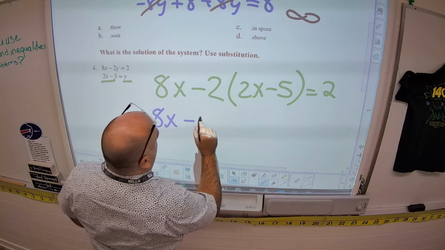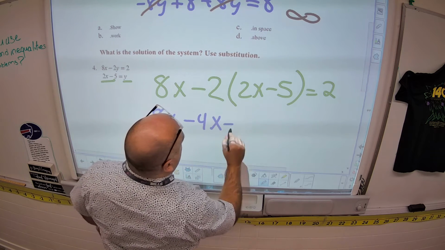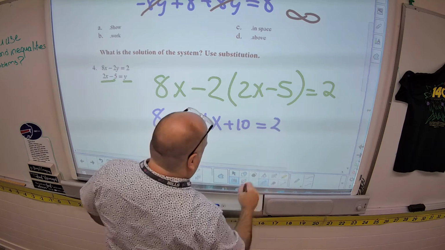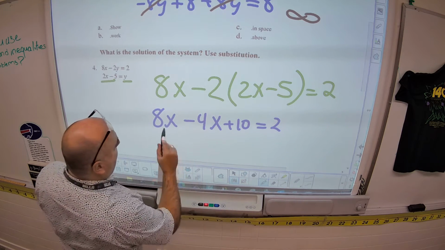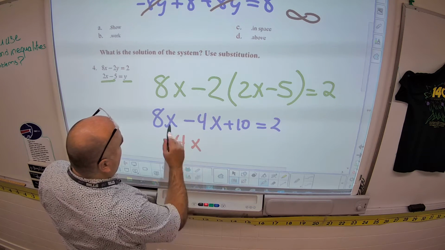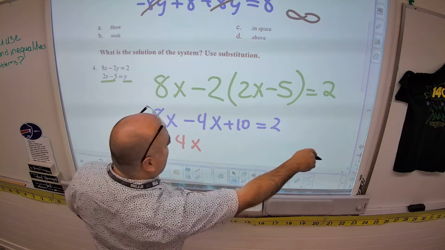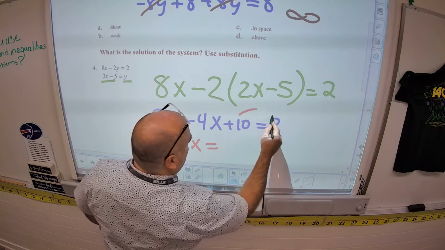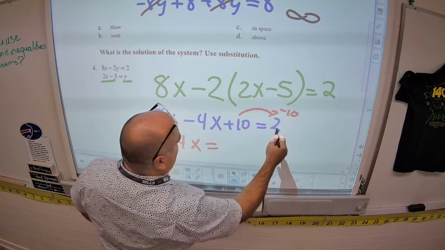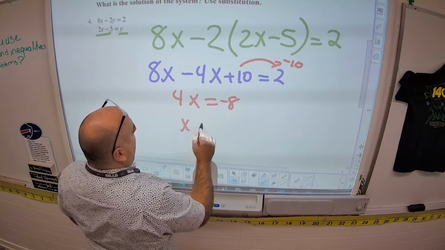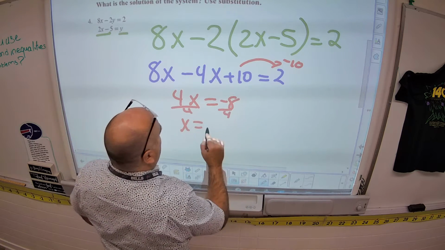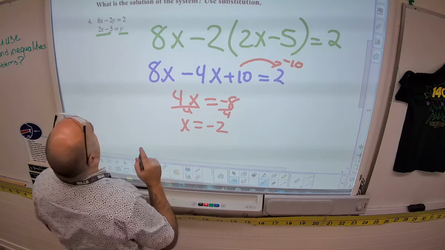So I get 8x minus 4x plus 10 equals 2. I want to find out what x is. So 8x minus 4x is 4x. I'm going to send the 10 to the other side by subtraction. And -10 plus 2 is -8. So it looks like, divide by 4, x equals -2.